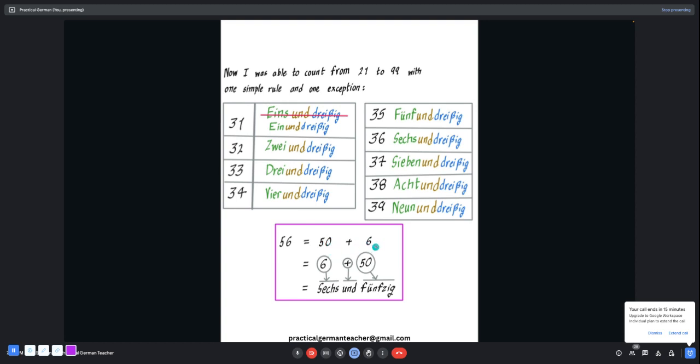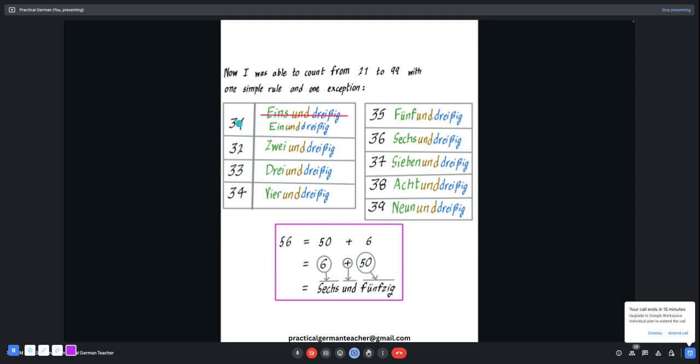How do you say 6? Sechs. How do you say 50? Fünfzig. And you add the word und, that means and. Sechs und fünfzig. Okay. How do you say 39? You say neun und dreißig. 38, acht und dreißig. Okay, you can follow this rule from 21 to 29, and 32 to 39.